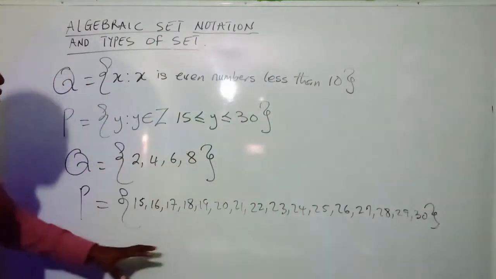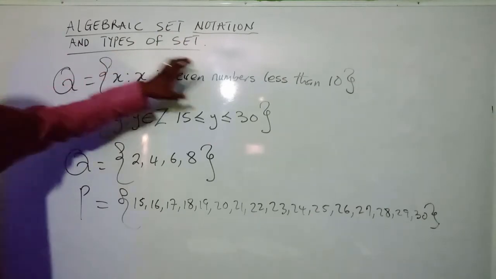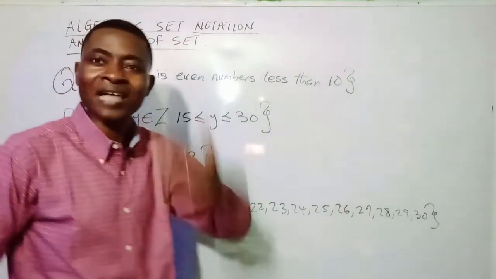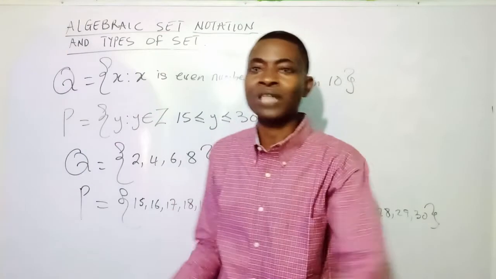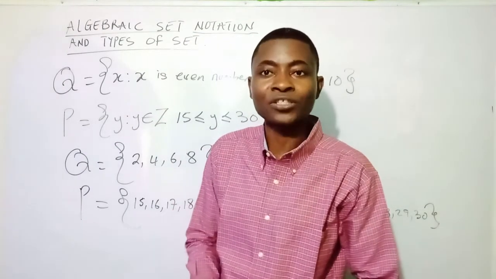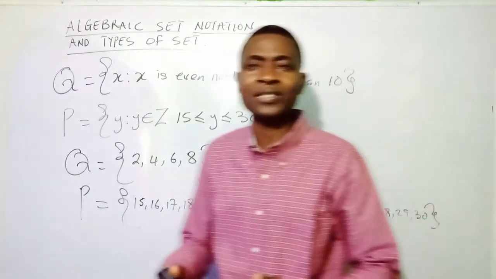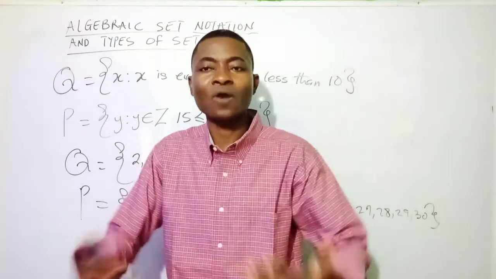That is it. So your ability to interpret and translate this algebraic set notation will help you in answering any questions that come under it. Having explained what algebraic set notations are, the next thing we'll be talking about is types of sets.